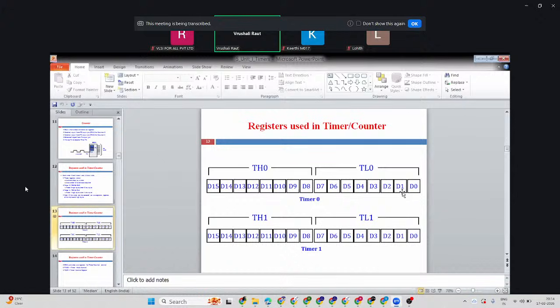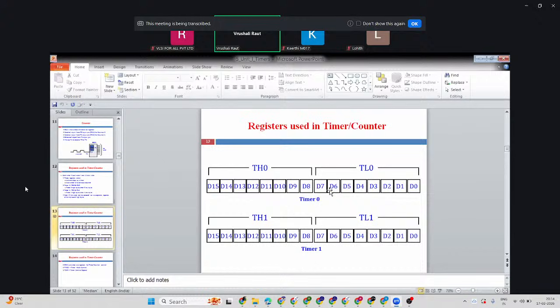For example, I'm setting some value in this timer register, let it be 1111. Now my timer will go on incrementing.